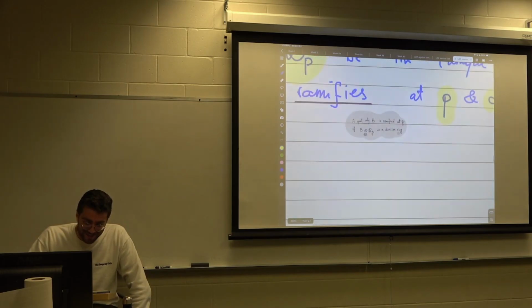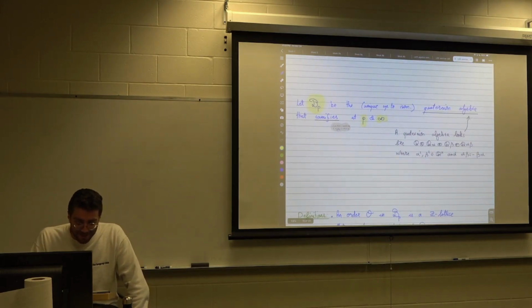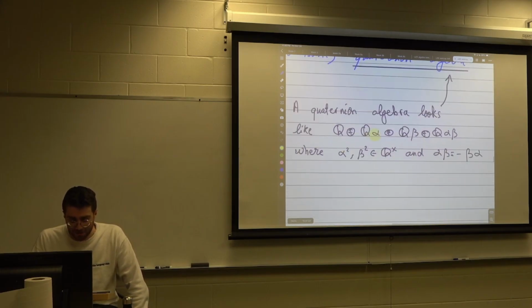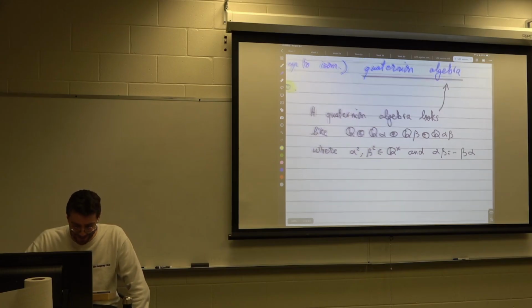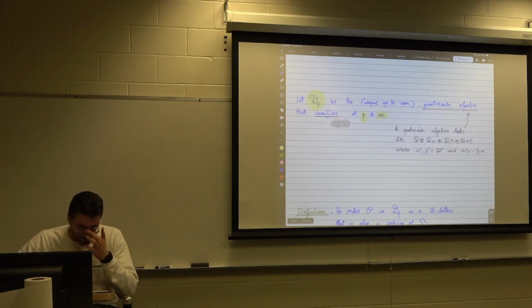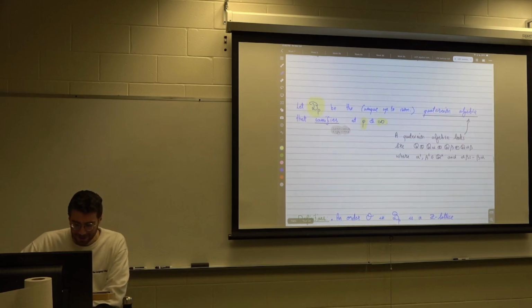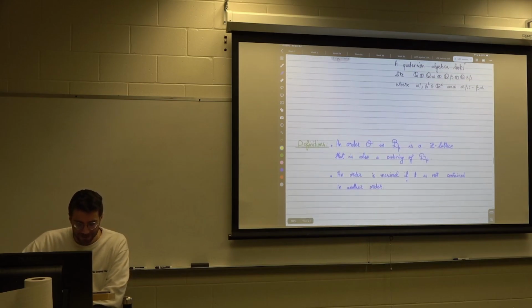You don't have to worry too much about this, but just think of B_p as a very special quaternion algebra. It's going to look like this: Q, Qα, Qβ, Qαβ, and αβ is equal to minus βα. Every time I said A and B, I meant alpha and beta, I just misspoke. So here we have this special quaternion algebra, and here are a few definitions.